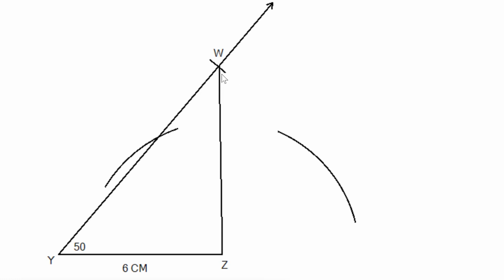Similarly, consider W as center and with the same radius, draw arcs intersecting the first two arcs at A and B.